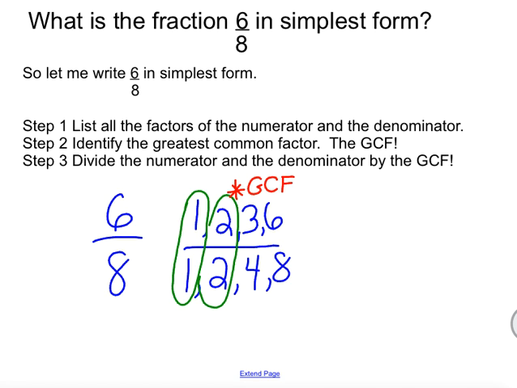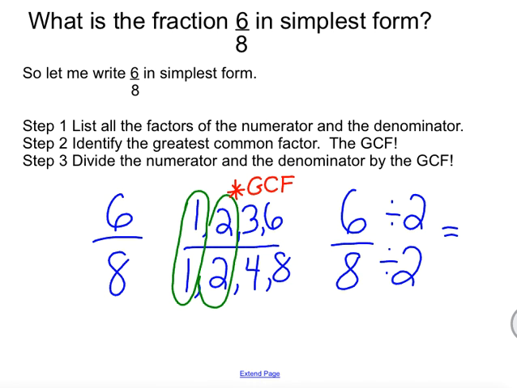So now I take my 6/8 and simplify it by dividing the numerator and the denominator by the GCF, which is 2 in this case. I divide the numerator and the denominator by 2, and this will give me an equivalent fraction that is in simplest form, okay?